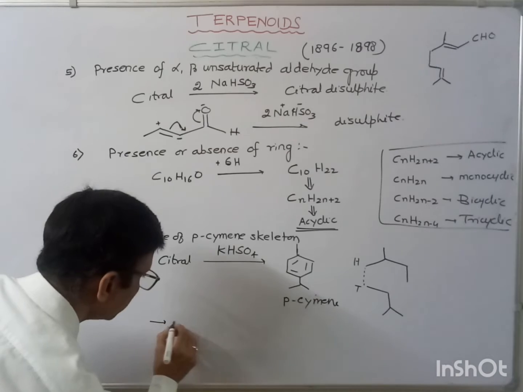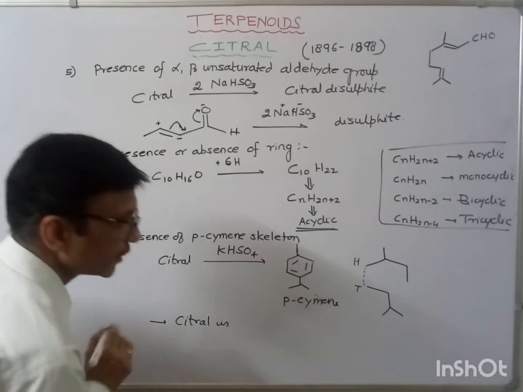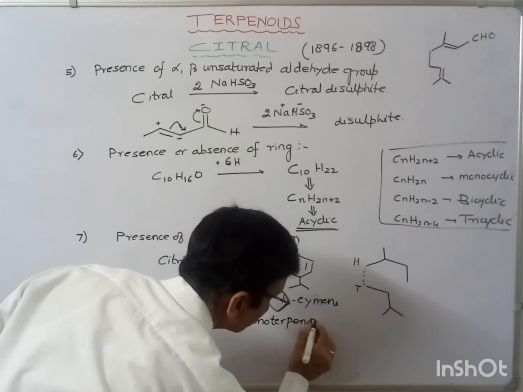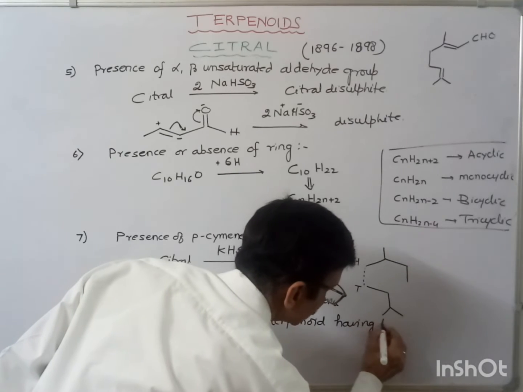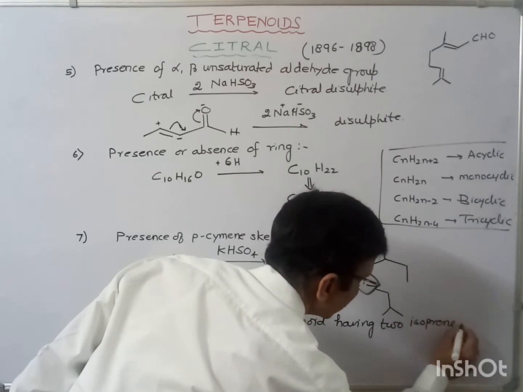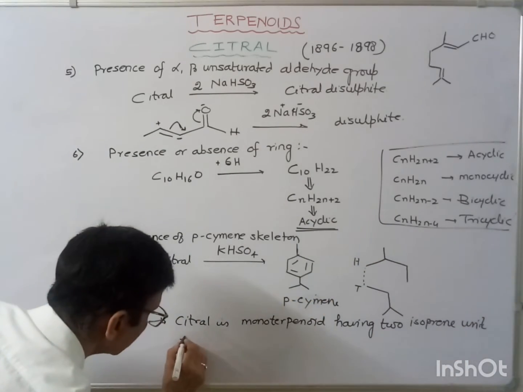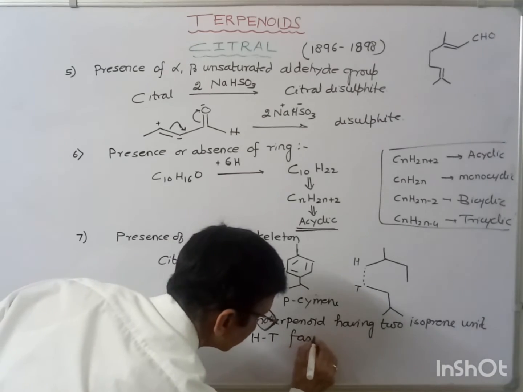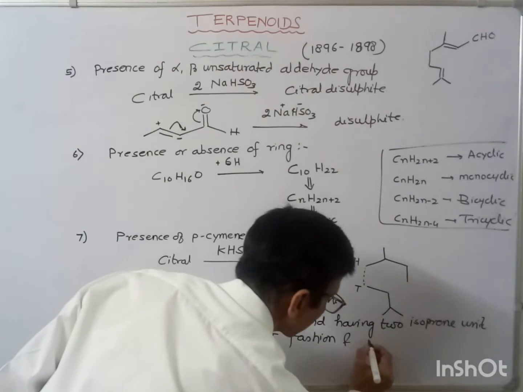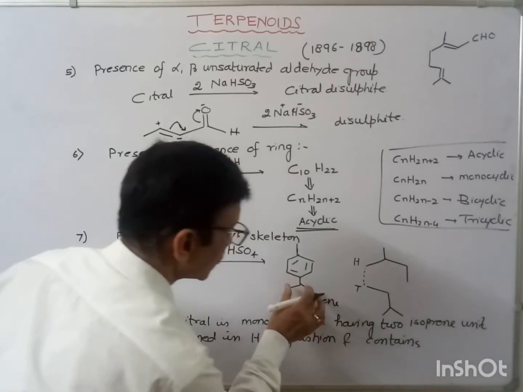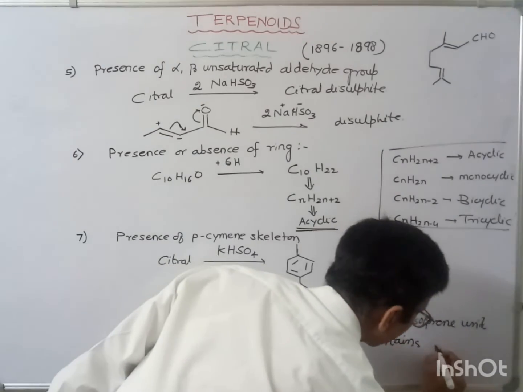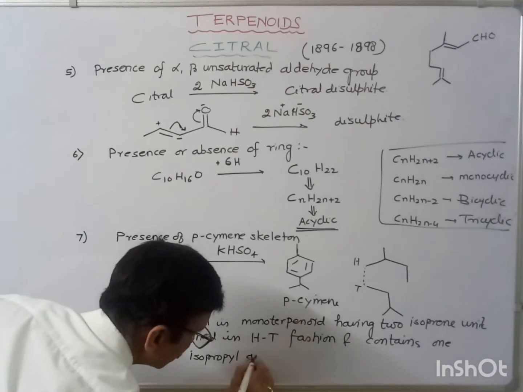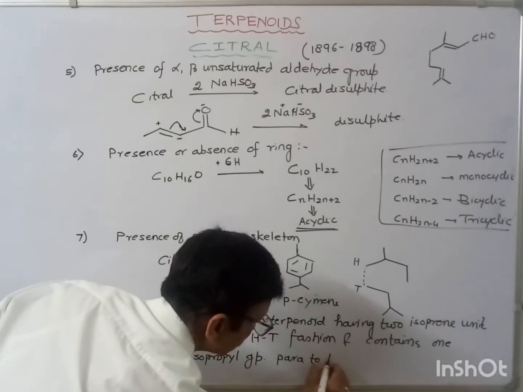Okay, so what we can write is, citral is a monoterpenoid having two isoprene units joined in head to tail fashion, and contains one isopropyl group para to the methyl.